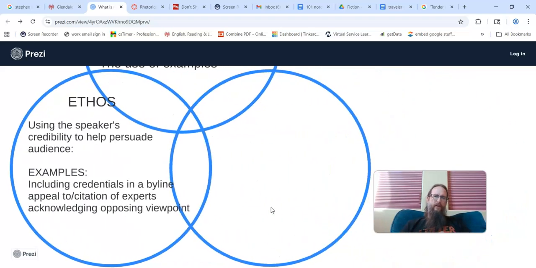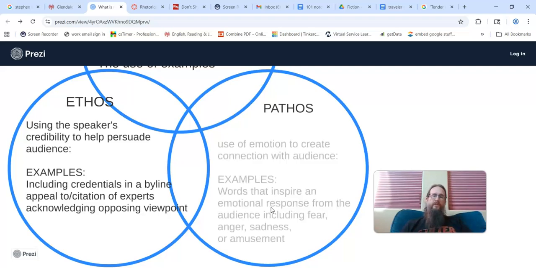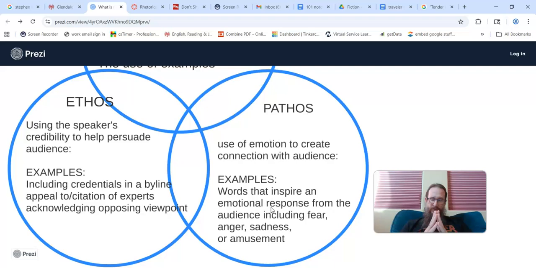Okay, let's talk about the third rhetorical appeal you'll write about, which is appeals to pathos. Right, appeals to pathos have to do with the use of emotion, right? And this is sort of what makes people pay attention. This is sort of what makes arguments stick.